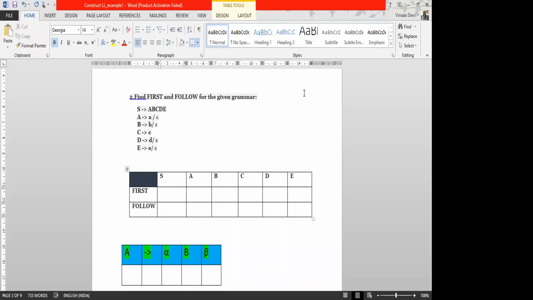I hope you have copied. So you have to draw the table like this. We are going to compute the first function first. Later we have to compute follow. Better draw a table like this.